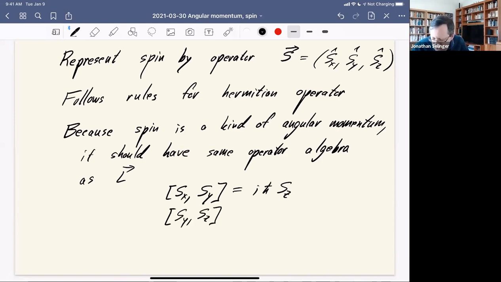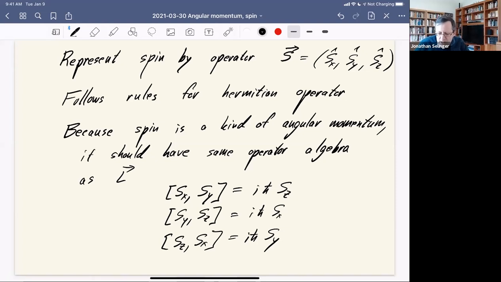Sy with Sz should be i hbar Sx, and Sz with Sx should be i hbar Sy. So anything that we prove based on commutators should work for spin, same as it works for L.